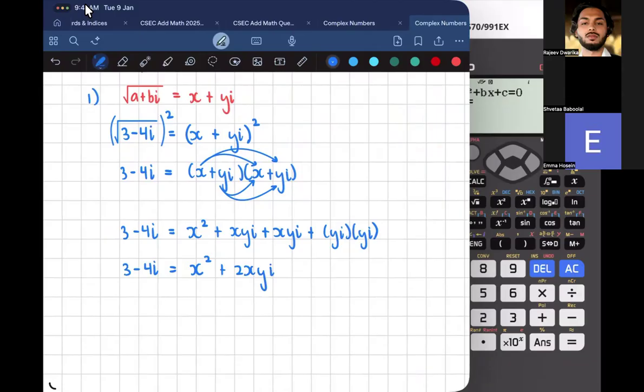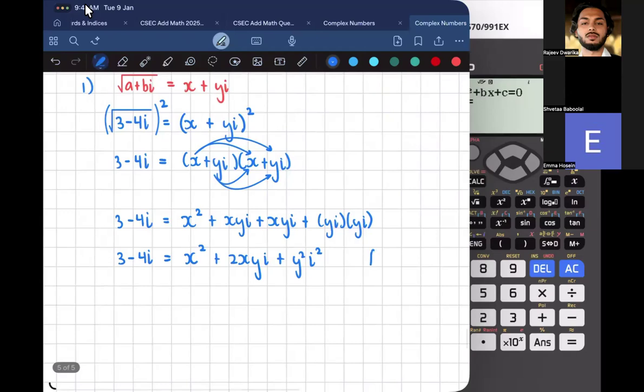And this is going to be y squared and then i squared. And recall i squared is equal to negative 1. So 3 minus 4i is equal to x squared minus y squared.